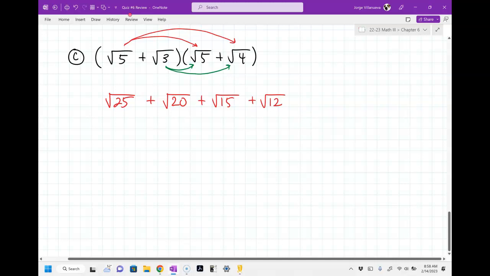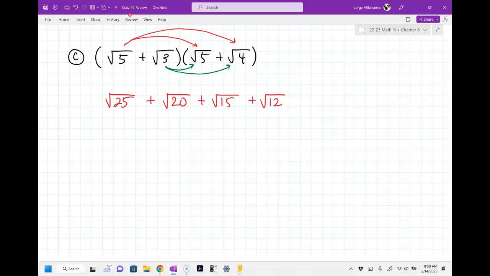So the thing about these problems, they become a bunch of little problems, right? So square root of 25, we should know that, 5, right? 20 becomes 4 times 5, because I can take a square root of 4. Is there anything I can do with the square root of 15 when I break it down? Is there any good number I can use that has a square root?